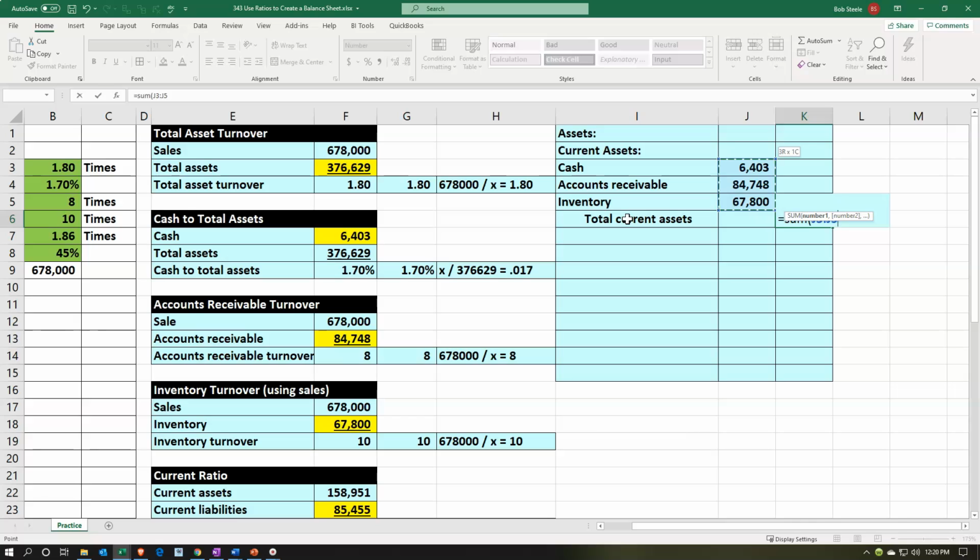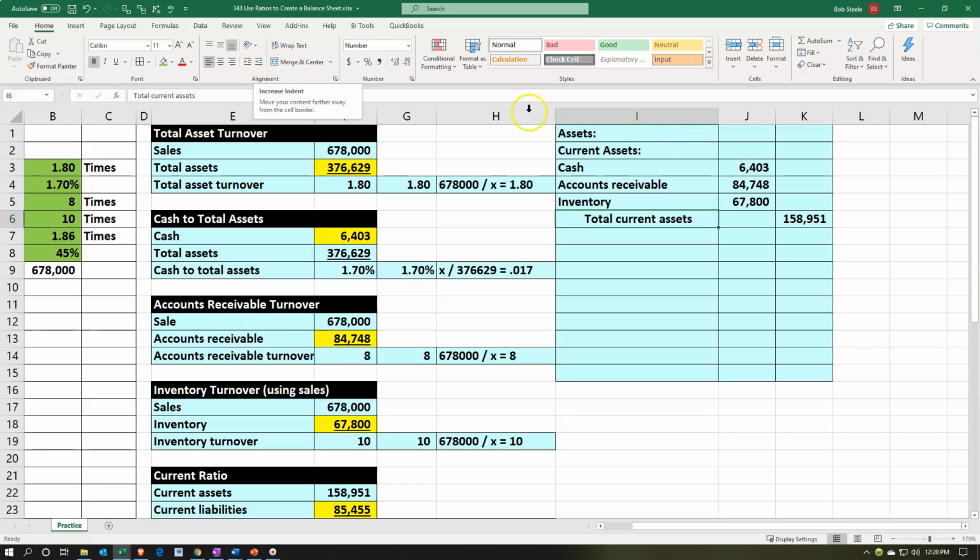I'm going to bring that into the outer column. This is indented by going to the Home tab, Alignment, and increasing the indent twice. I'm going to select these items and increase the indent once, Home tab, Alignment, increase the indent once. I'll underline this cell, going into the underline here.